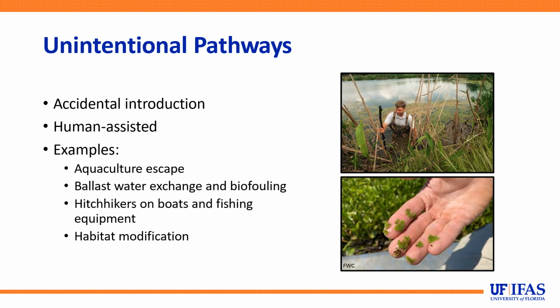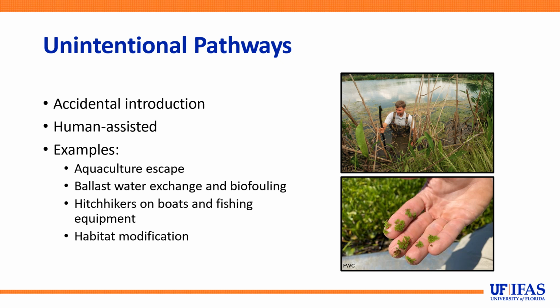Unintentional pathways are accidental methods of introducing a non-native species by humans. Examples include an animal or plant escaping an aquaculture facility, ballast water exchange, which is the water taken in or released on large ships to counterweight their loads or lack thereof, which can transport and release organisms into port.